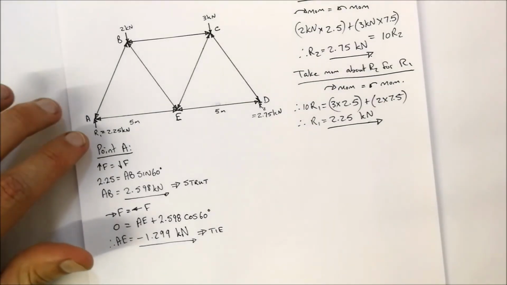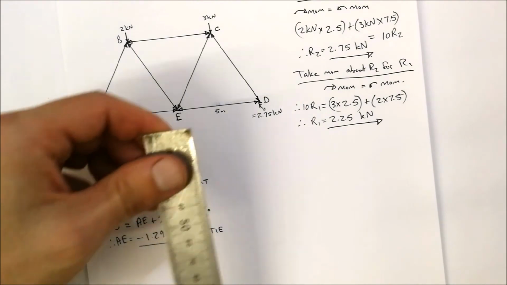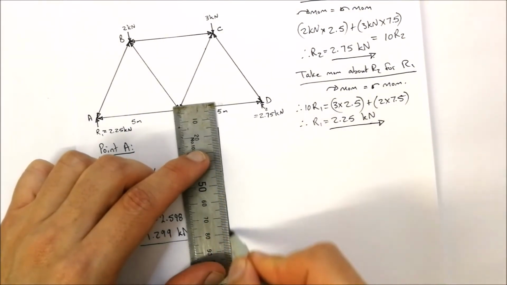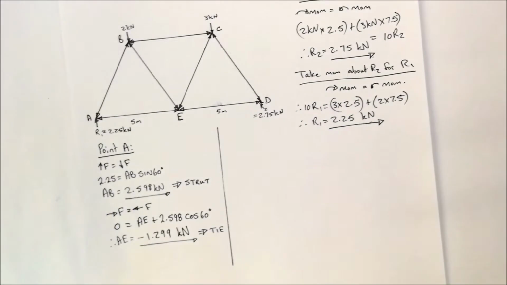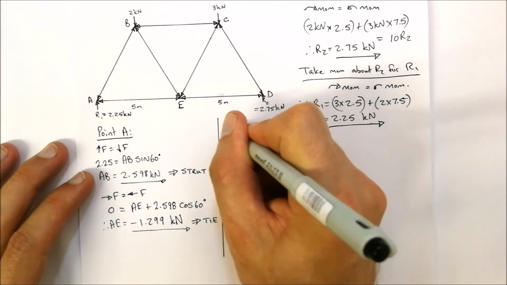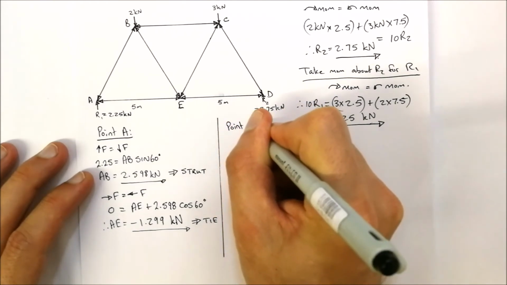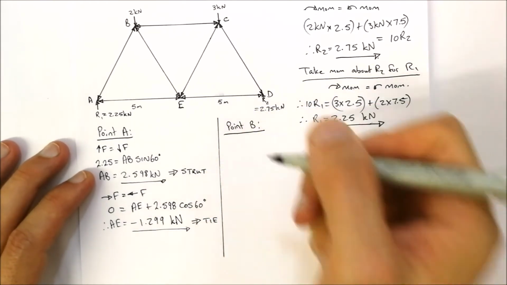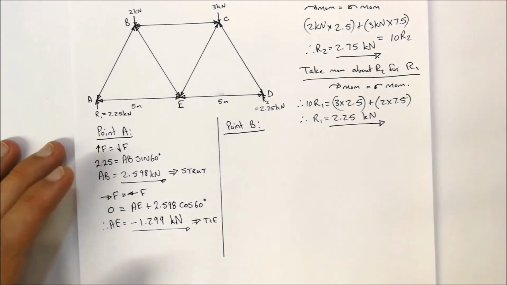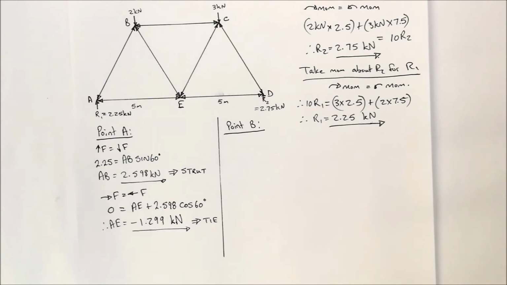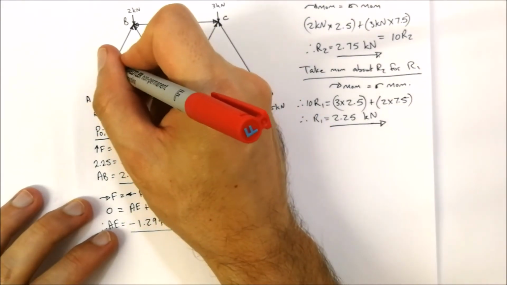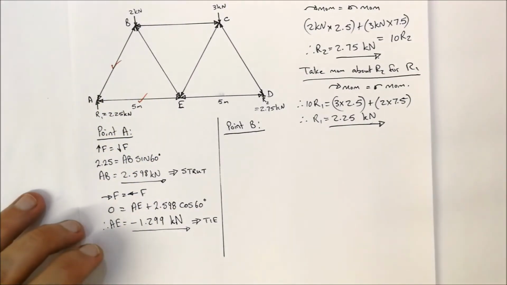So that was point A that we looked at. I'm going to be looking at point B. I'm going to draw a line over here to separate my calculations. So, point B. If we look at this diagram, I'm going to mark the beams that we already have values for. We know what this one's value is, we know what that one's value is, we've calculated that.